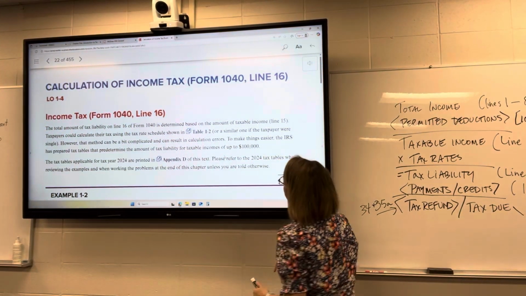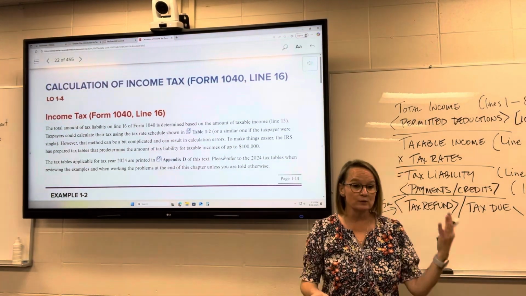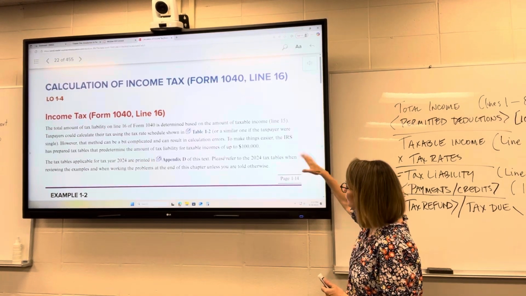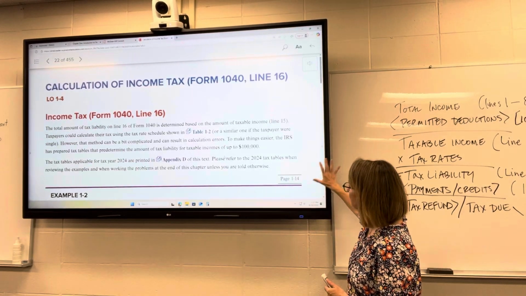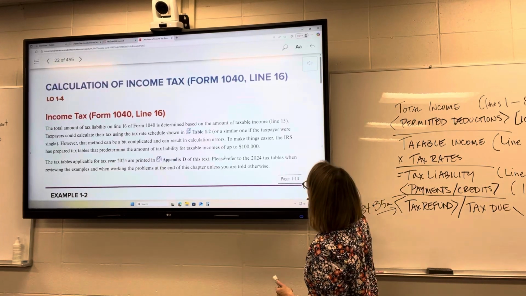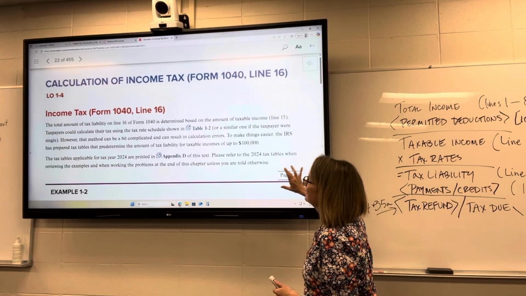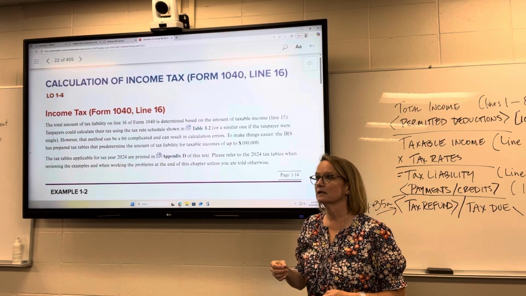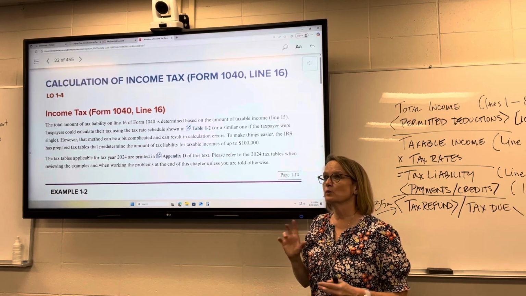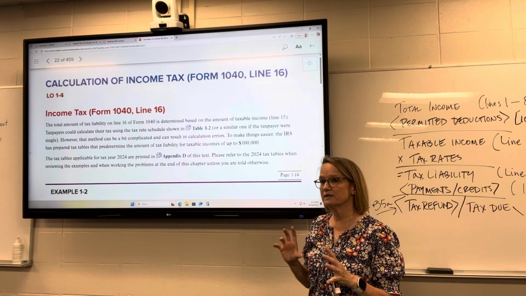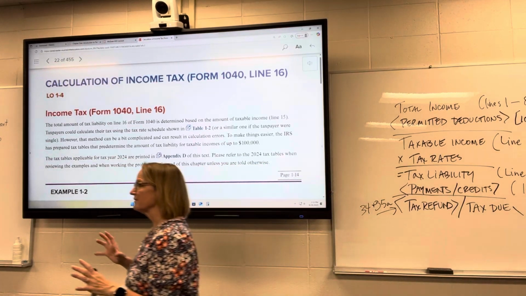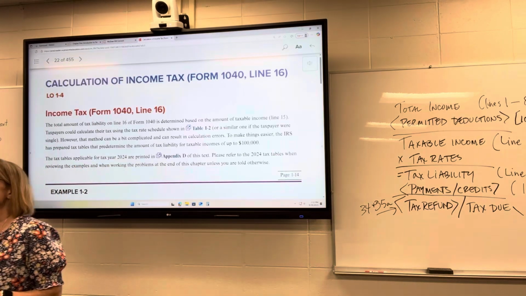All right, so calculation of income tax, we already went through what that calculation is, but we'll look at some of these examples here. If you recall in payroll accounting, you could use the percentage method instead of the wage bracket method.